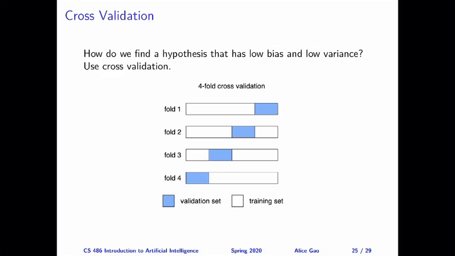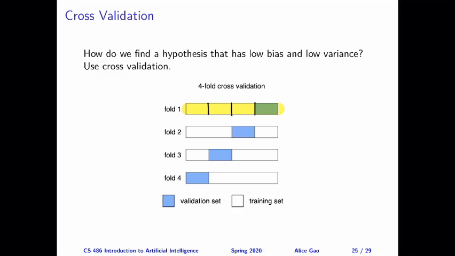So once we decide on the value of K, we are going to take our training data. Here, the entire box represents all of our training data. We'll break the training data into 4 equally sized partitions. Right here, what's happening is that I have broken up the training data into 4 partitions like so.